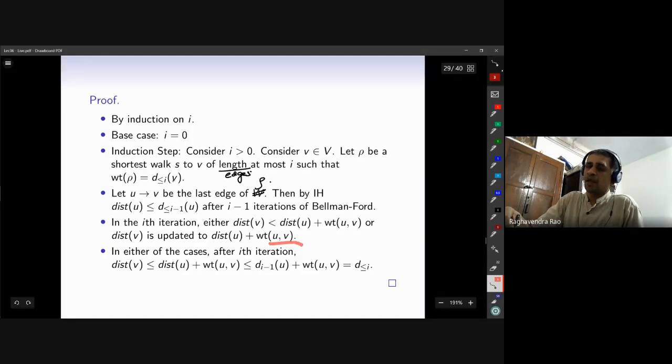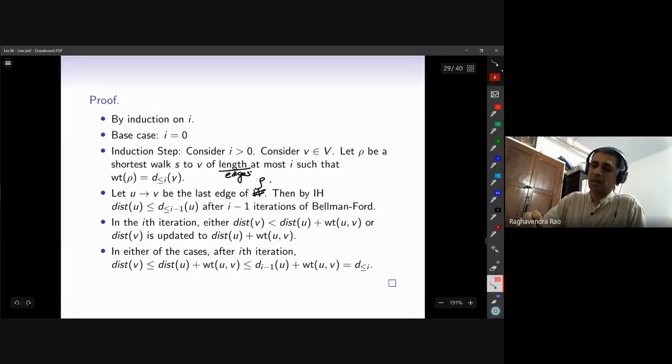Oh sorry, either this is small. If it is not small, it will be updated, the edge will be tense. If it is small, the edge will not be tense. Sorry for the confusion. So at the ith iteration, either this happens or it is getting updated. In either case, distance of v is at most distance of u plus weight of uv.